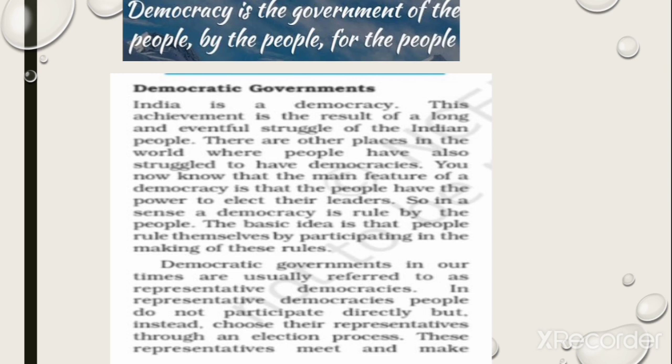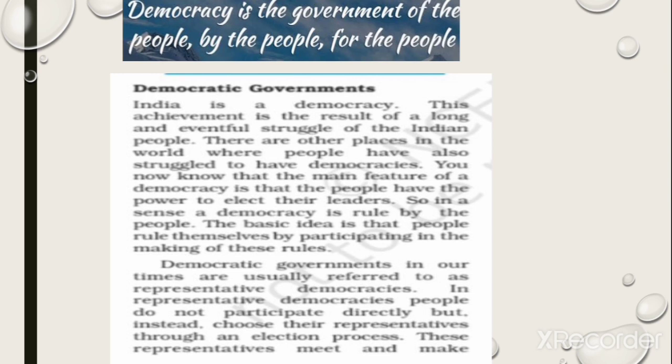And if we talk about our country, India is a democracy and the people of India struggled a lot to get independence. Still, there are some places in the world where people are struggling to gain democracy.